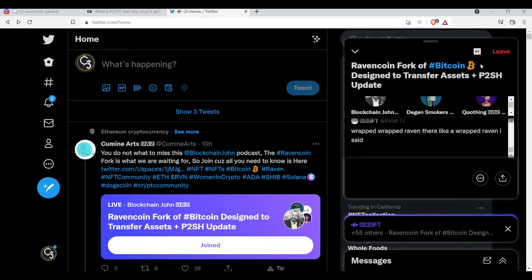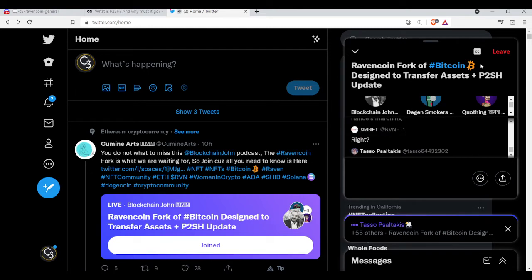Well, I think Marquezano mentioned something about somebody being able to do wrapped Raven on the Binance Smart Chain, correct? Right. So that's the issue: a game developer is going to be using the Binance Smart Chain for their game because we don't have a MetaMask extension.